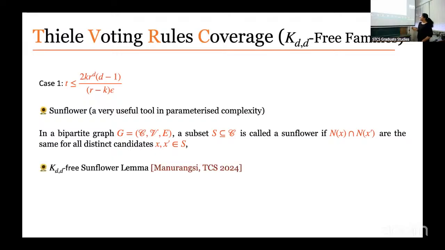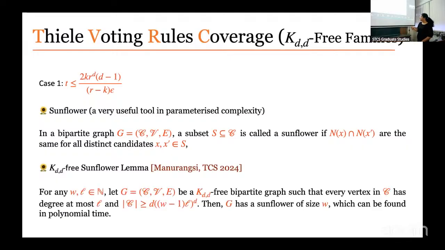Now recently, Manramsi proved for K-d-d-free that we can ignore the precise values, but if the size of the candidate set is large enough, then you have a sunflower of some size W, which can be found in polynomial time.